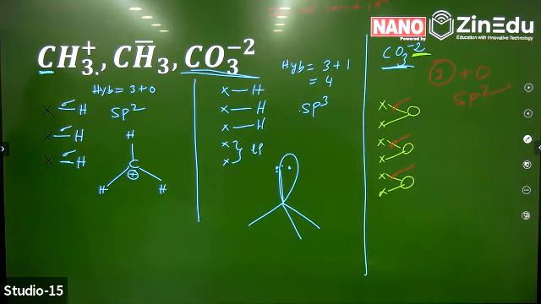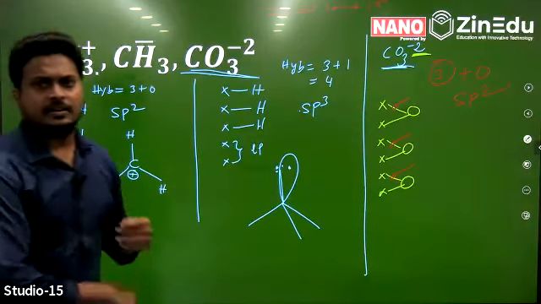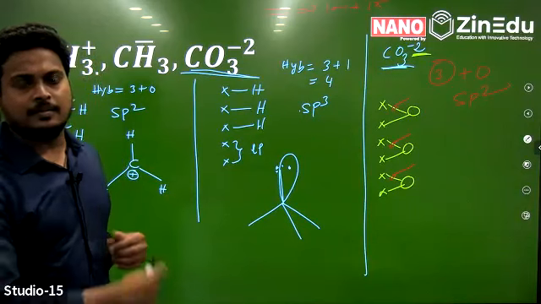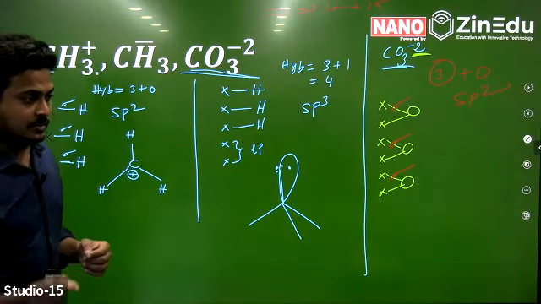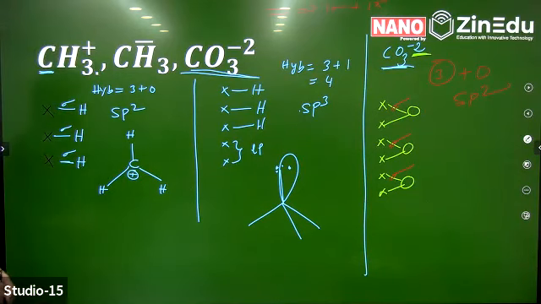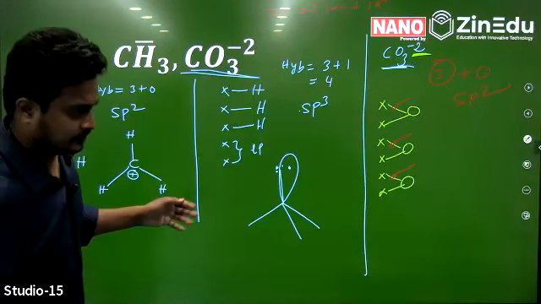Calculations of hybridization, most important one. If you see previous year papers, every year we have one question from hybridization. That is why hybridization is most important. Copied?